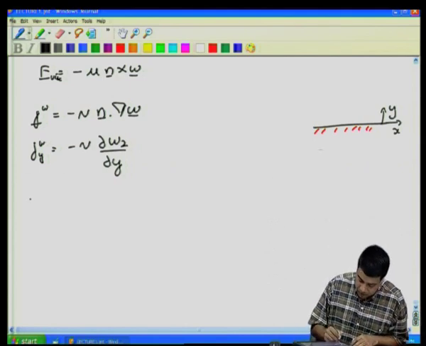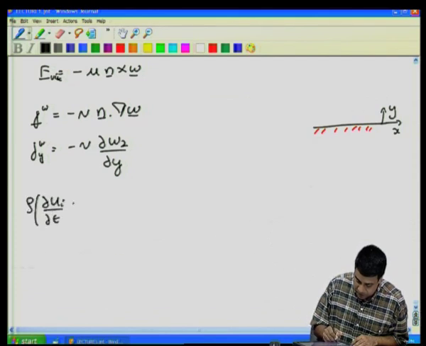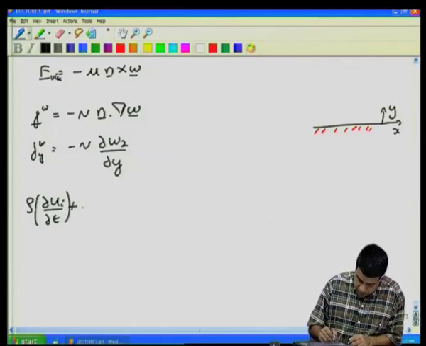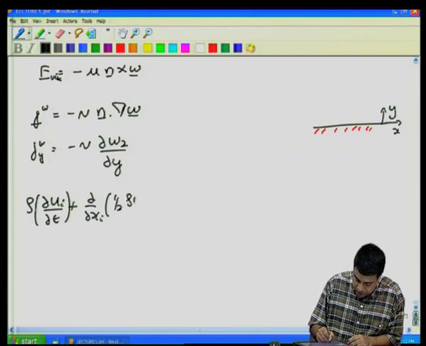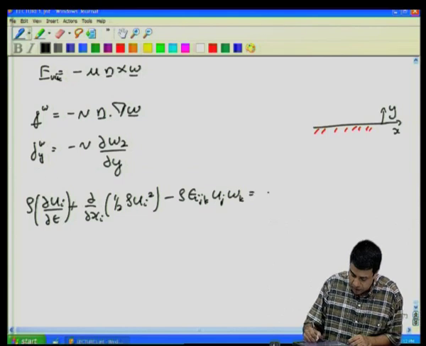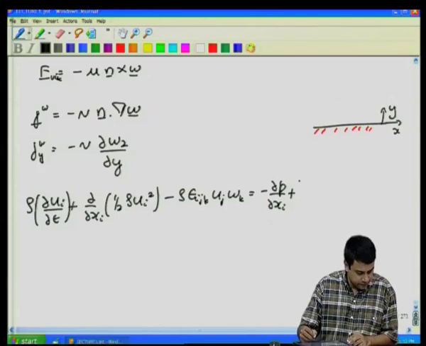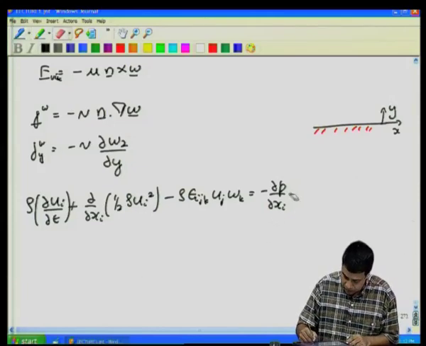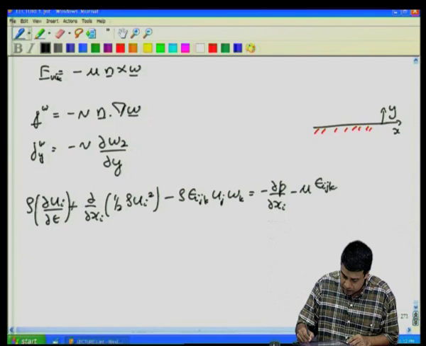If you recall, the momentum conservation equation as expressed in terms of the vorticity is partial u_i by partial t plus partial by partial x_i of half rho u_i squared minus rho epsilon_ijk u_j omega_k is equal to minus partial p by partial x_i plus minus mu epsilon_ijk partial by partial x_j of omega_k.